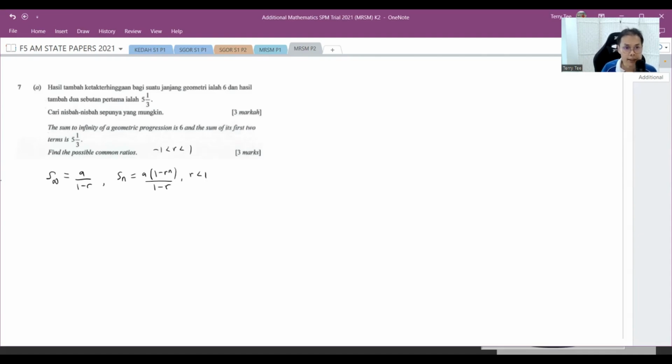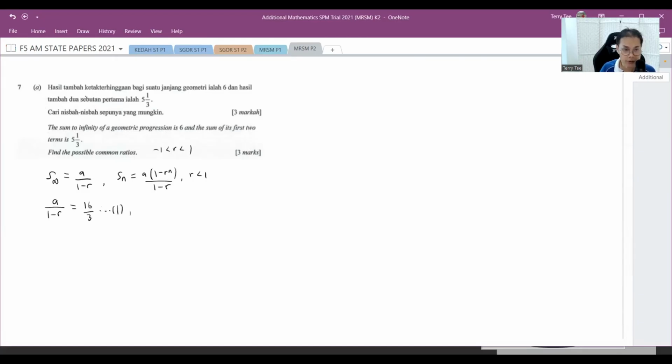First of all, my sum to infinity is 6, so I'm going to write a divided by 1 minus r equals 6. We can call this equation 1. Now, the sum of the first two terms is 5 1/3, which you can change to 16 over 3.